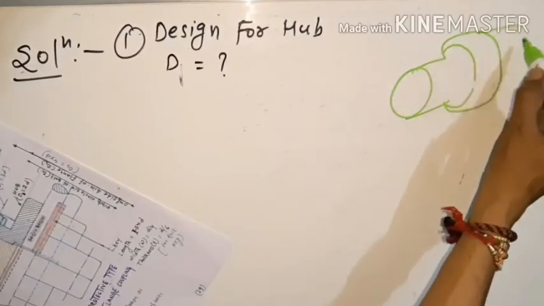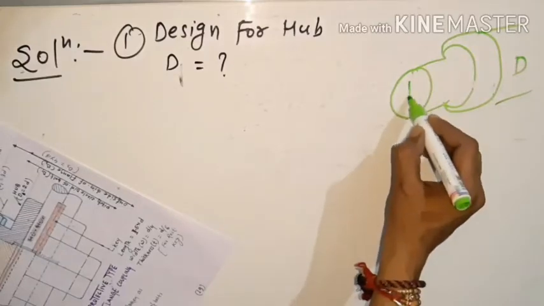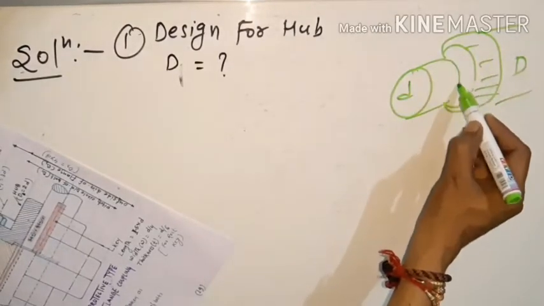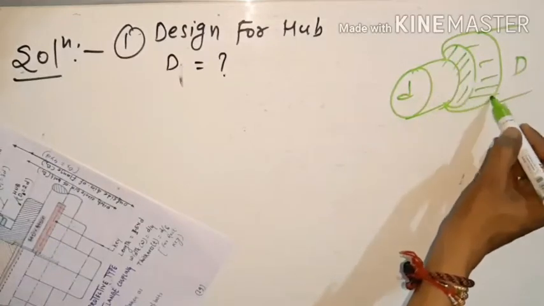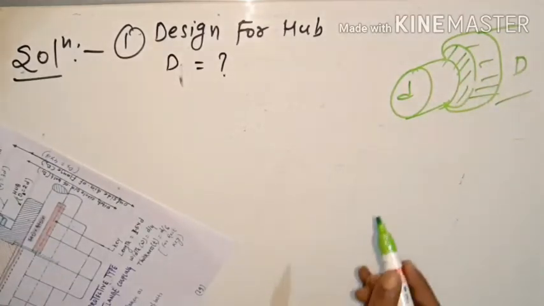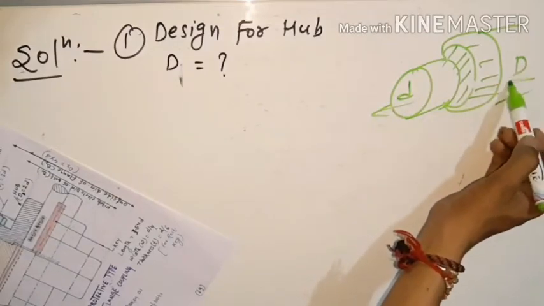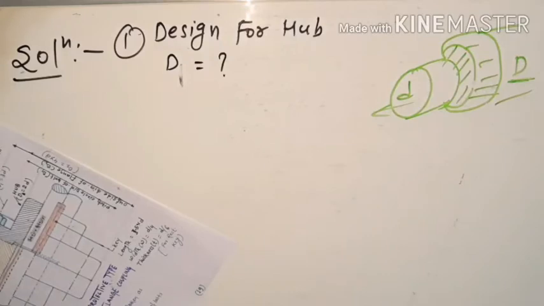This one is your diameter D and this one is your small d. So we need to find this diameter. Firstly we need to find this, then we already have this.